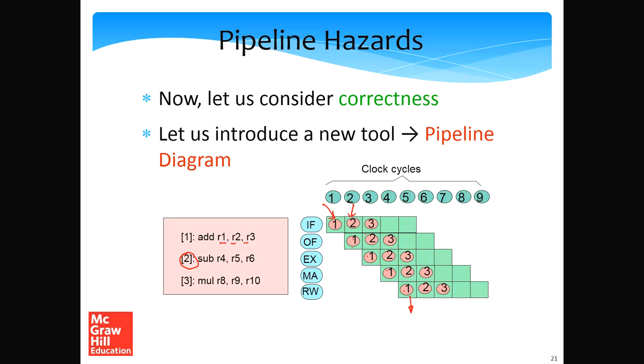Subsequently, it proceeds to the third cycle, which is the OF stage, to the fourth cycle, which is the EX stage, the fifth cycle, which is the MA stage, and then in the sixth cycle, it reaches the RW stage, and the same is true for the third instruction as well. So we can see that in this pipeline diagram, all the instructions proceed diagonally towards the bottom right.